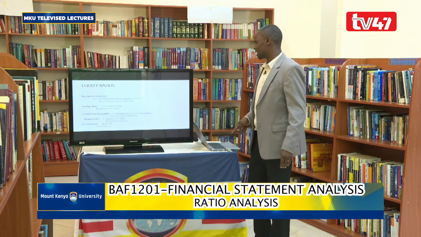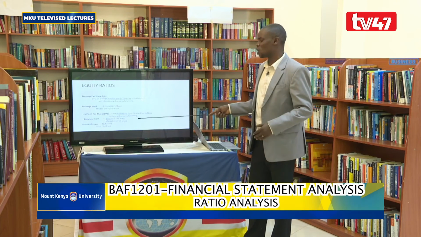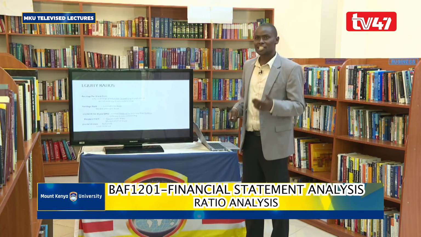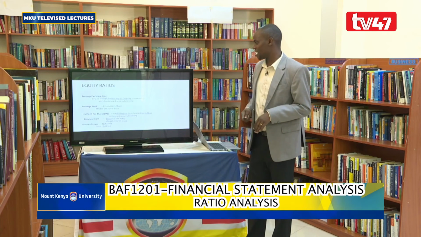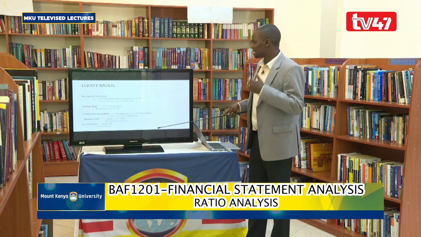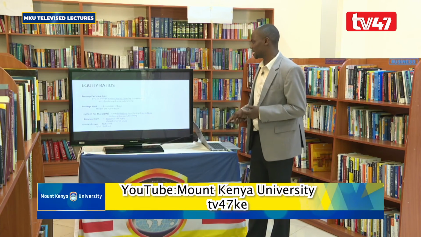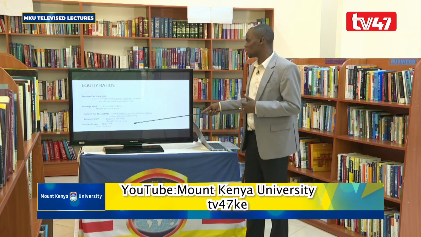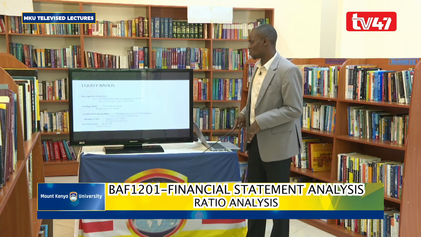Then you have the dividend per share, whereby you compare the dividend with the number of shares that you have in the company. So you want to find, for every shilling, how much dividend am I getting? And then you have the dividend yield, whereby you compare the dividend with the market price of the share.